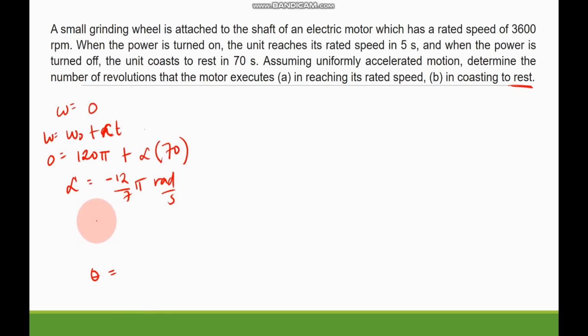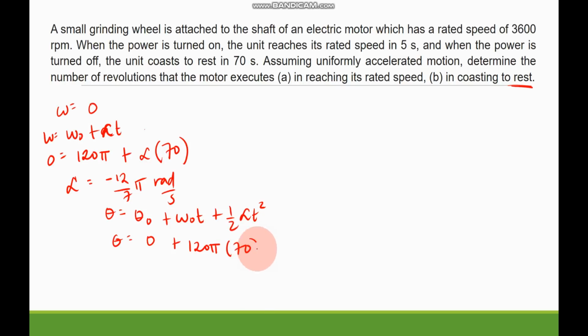And then we have our formula for angular coordinate, which is equal to the initial angular coordinate plus the initial angular velocity times time plus 1/2 alpha t squared. The initial angular coordinate is 0, plus 120 pi, and then our time is 70, plus 1/2. The acceleration is negative 12 over 7 pi.